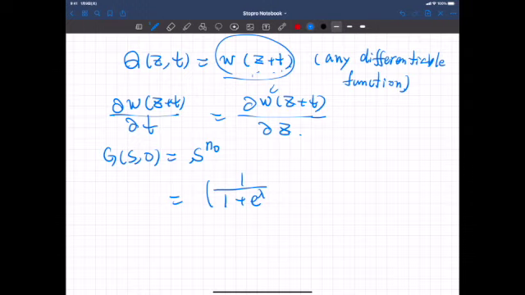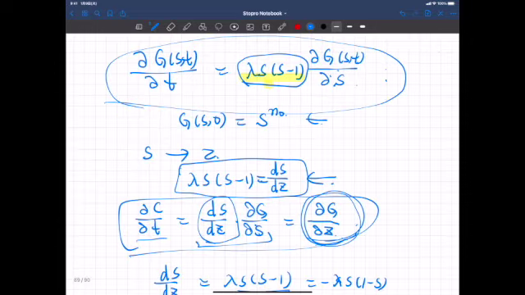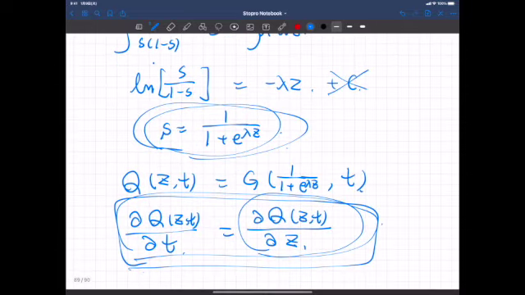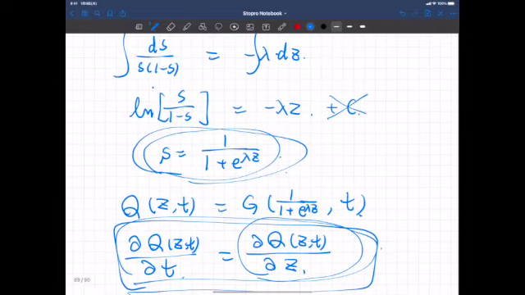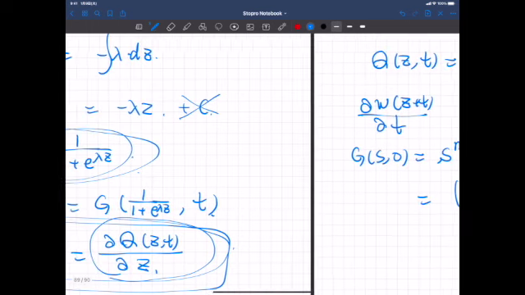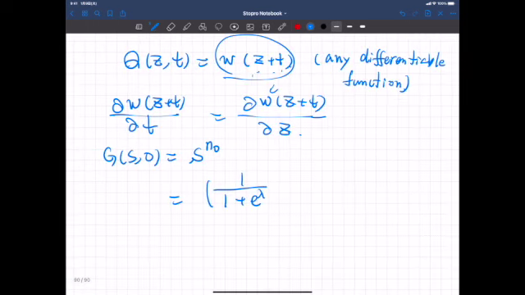Wait a minute, is that lambda t? Lambda z, yeah, it should be lambda z. Lambda z, to the power of n0.